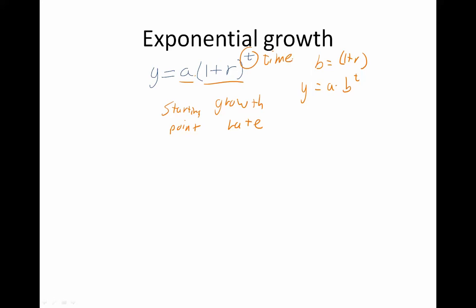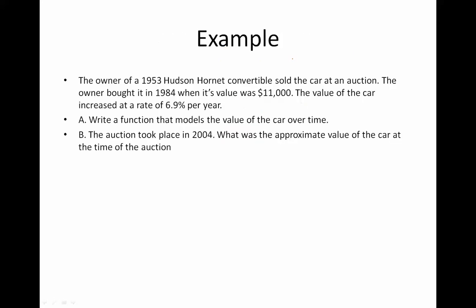So let's take a look at a question in context. The owner of a 1953 Hudson Hornet convertible sold the car at an auction. The owner bought it in 1984 when its value was $11,000. The value of the car increased at a rate of 6.9% per year.